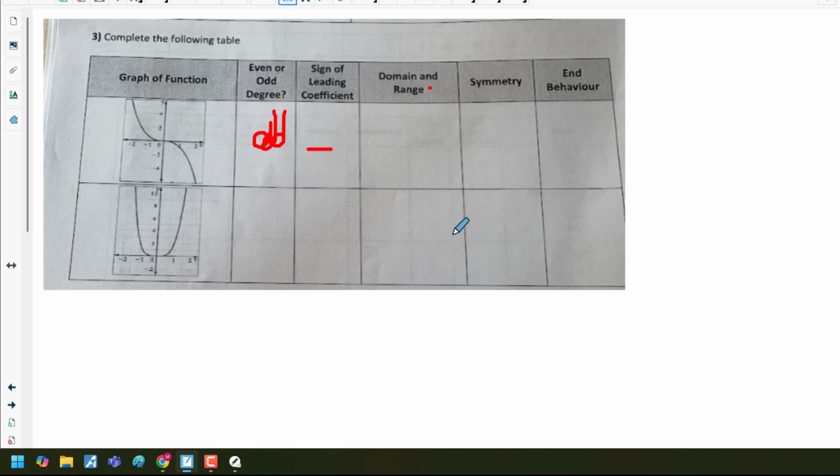Domain and range. Yeah, just everything. Yeah. Symmetry. Yes, point. Because usually if it's odd, it has point symmetry.